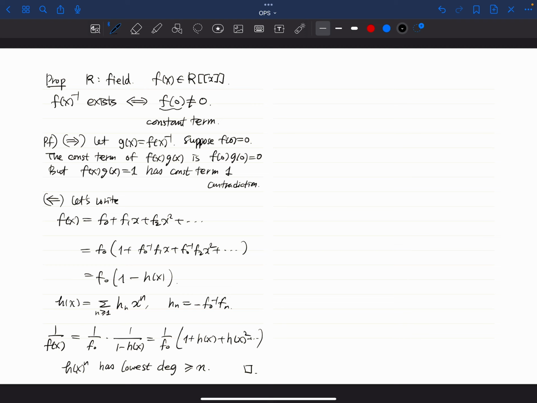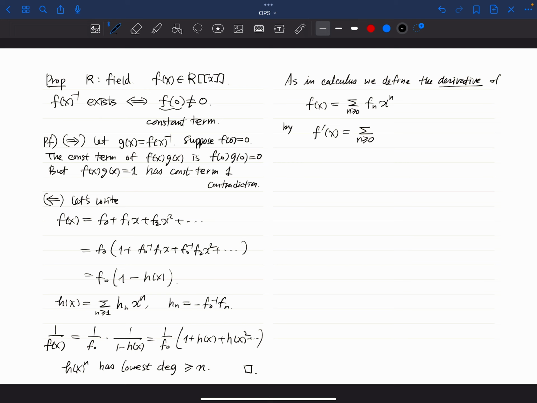And there are many things that we can do as we do in calculus. For example, as in calculus, we define the derivative of a formal power series f(x), and we write f prime(x) in the usual notation.